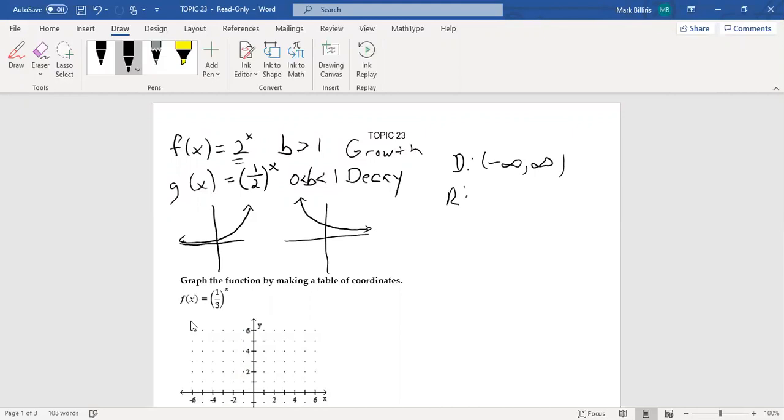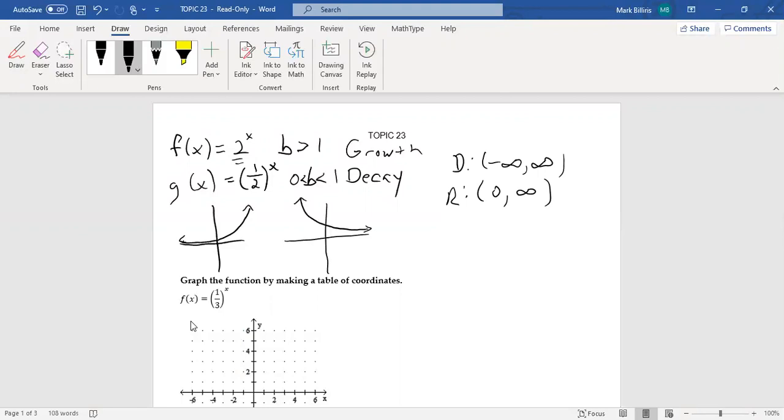Both graphs are above our x-axis, so they're above where y equals 0. So our domain is negative infinity to positive infinity, but our range are all the values greater than 0. So our graph would go from 0 to infinity, not including 0.